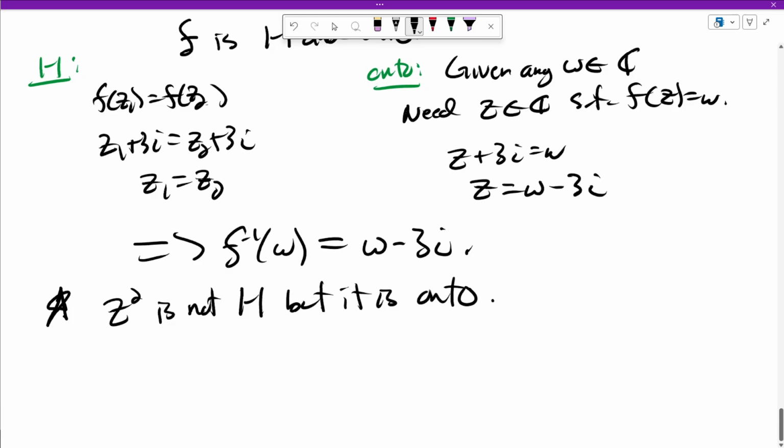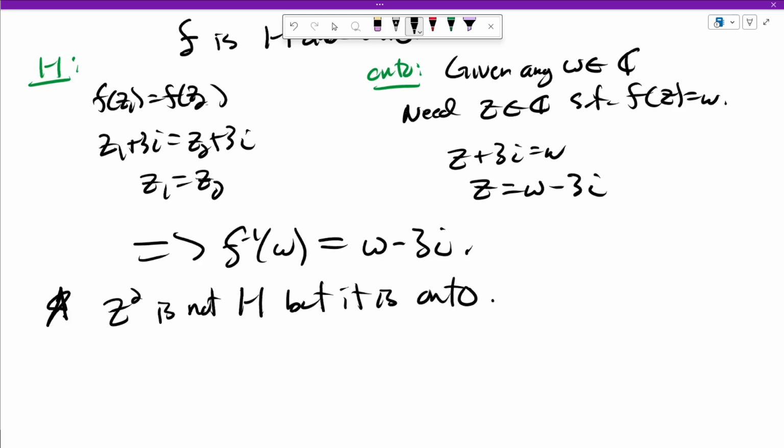And so there's sort of two ways to go about fixing this. The easiest way, since it's already onto, every number is the square of something. Why? Because we have a formula for taking two square roots.